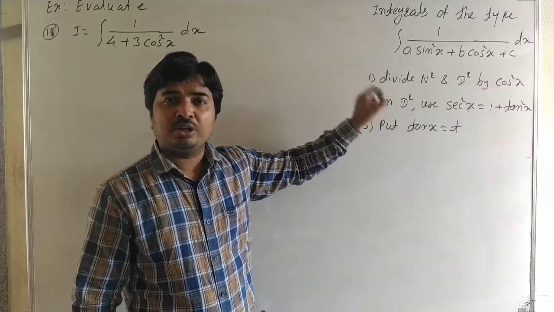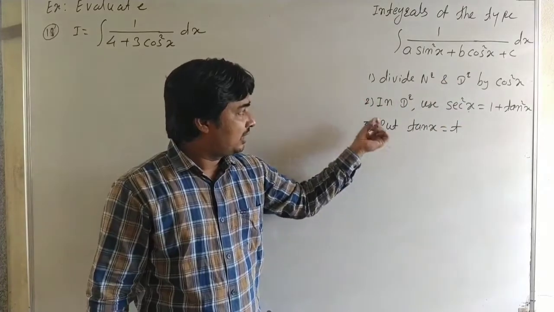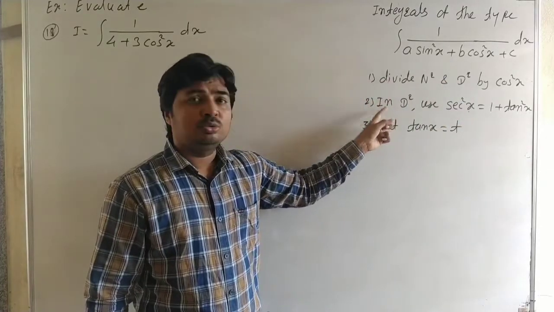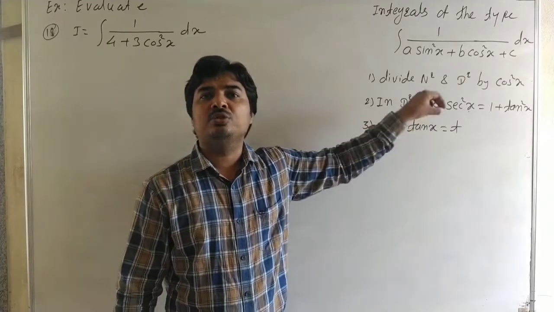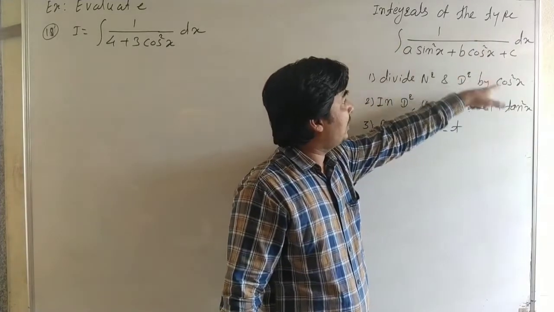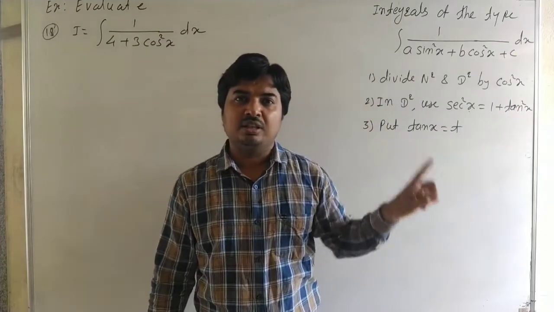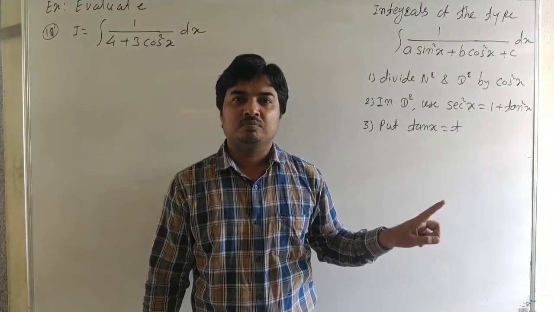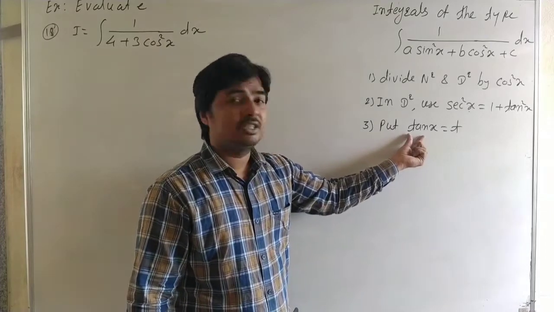In the denominator use sec square x is equal to 1 plus tan square x, and then after 2 steps, the third step is the substitution. Put tan x is equal to t. Because when we divide numerator and denominator by cos square x, in the numerator there is sec square x, and sec square x is a multiple of dx, and sec square x is the derivative of tan x. So here we put tan x is equal to t.